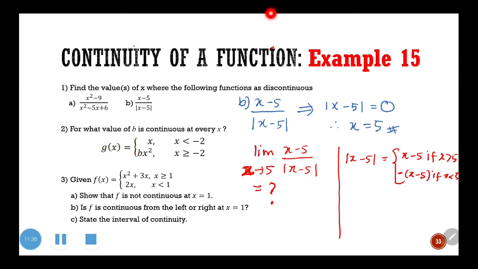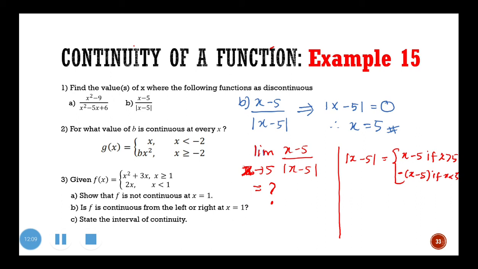When you look at this, where we have two defined functions here, x minus 5 if x more than 5 and minus x minus 5 if x less than 5, it means we have to consider limits from the left and limits from the right. So go ahead and give it a try, and write down your solution as our class submission today. This is going to be the first question for our class submission task for today.